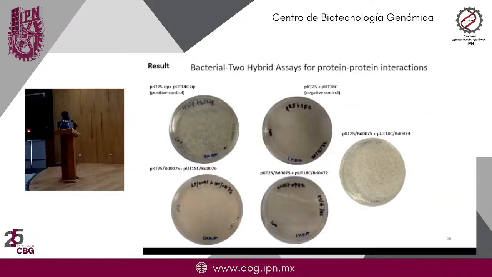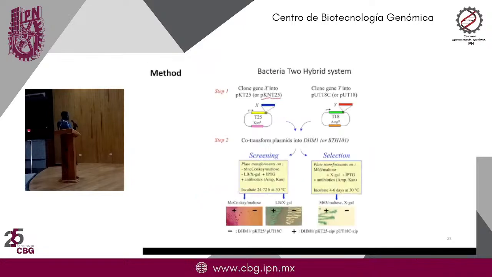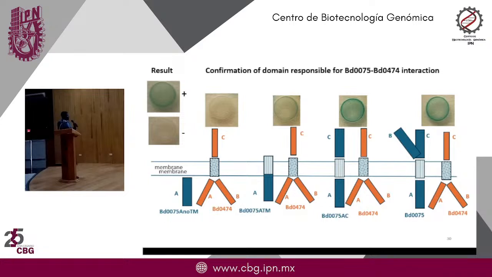If I can go back a little to this picture, here we see the complete 75 and the complete 474, and we see that there is an interaction shown by this positive blue color.